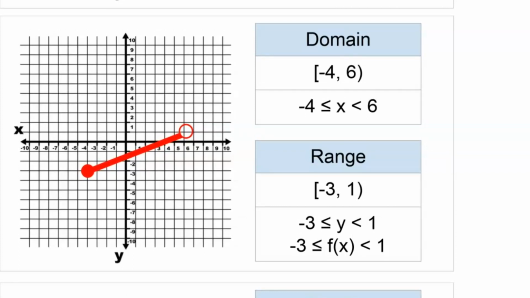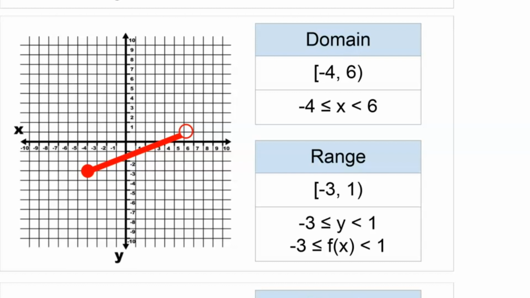So going from left to right, at the very left, it goes to -4 on the x-axis. And then going all the way to the right, it stops at 6. And then again with the closed circle, that's when we use the square bracket and the equal to. And with the open circle is where we use the parenthesis, and we don't have the equal to sign under our inequality.